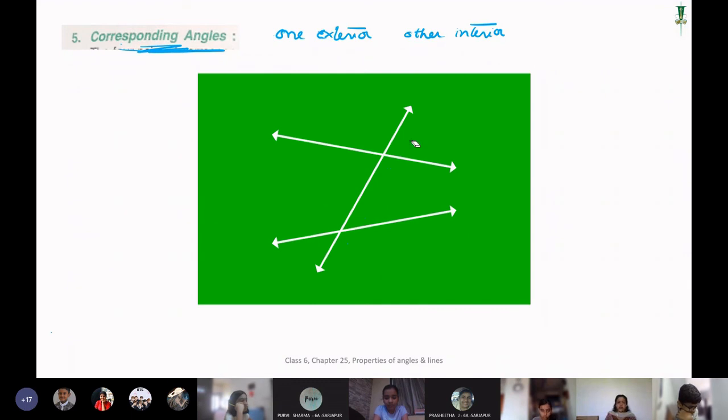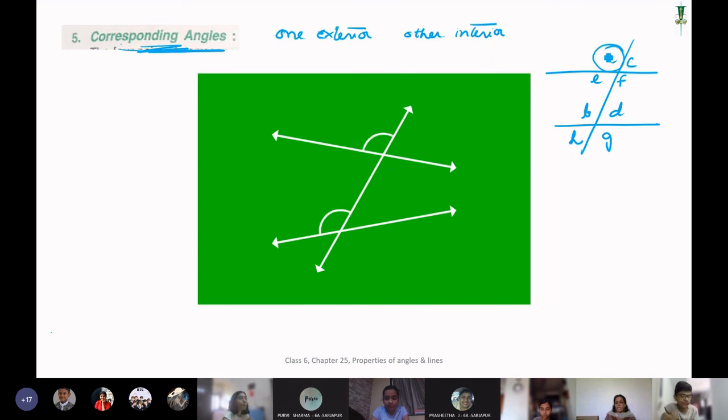Then if I ask you, let me have another diagram that doesn't distract. This is A and B, C, D, E. I'm just naming them differently so that it's not a repetition. Now tell me, which is the angle corresponding to A? If you want, you can keep observing this diagram and tell me. B. A and B for Bombay.